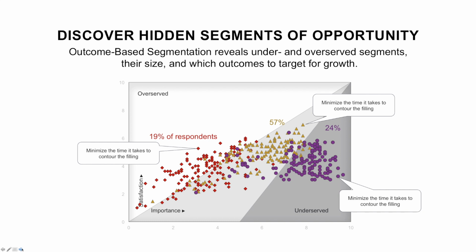So here we see the same outcome, minimize the time it takes to contour the filling. That's rated very differently by different segments of the population. What we learned here, this was a dental study, a dental implant or filling. And what we learned in the study is that on the left, these were comprised of patients that had healthy gums and required just a small filling. In that case, the current products are overserving the market.